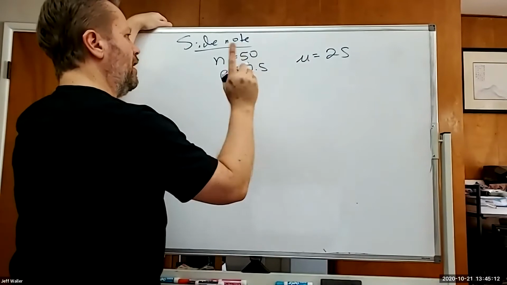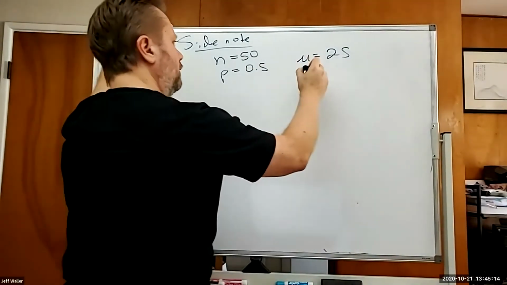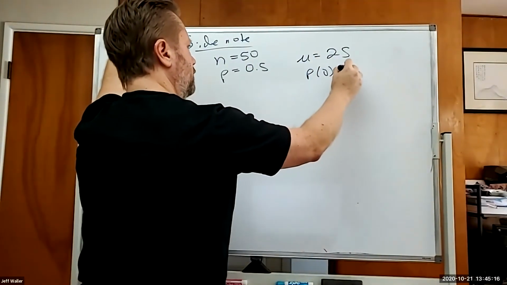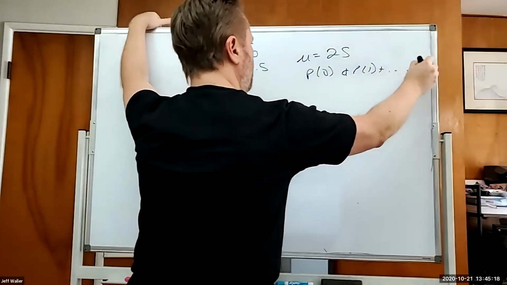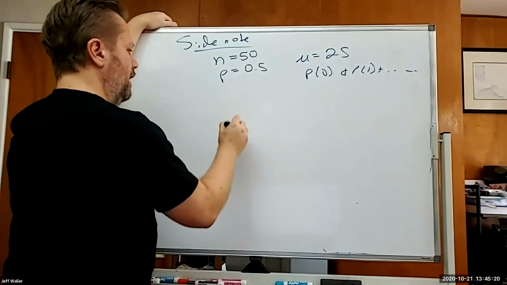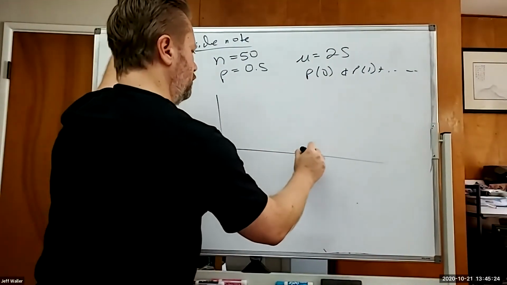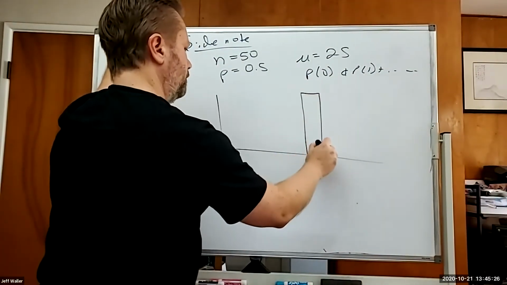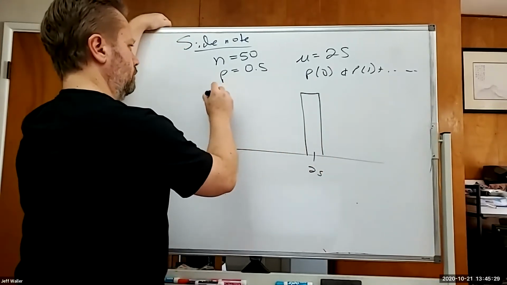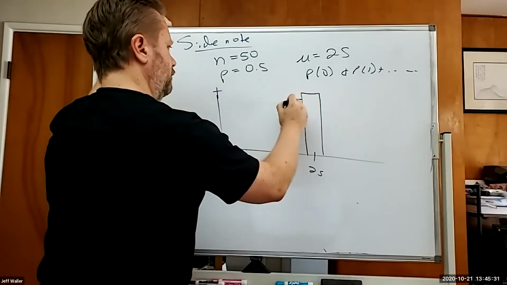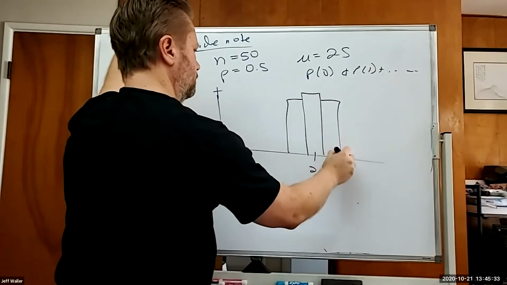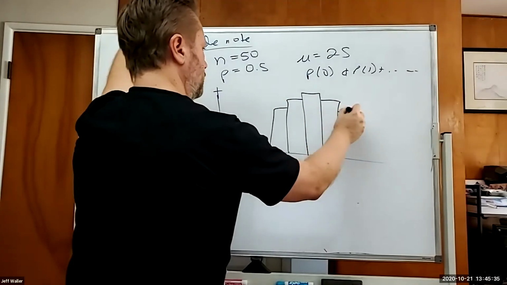So if I were to calculate the probability of 0 and the probability of 1 and so on, all the way up to 50, and then plot those, at 25 would be the tallest bar. And then it would go down from there in both directions.